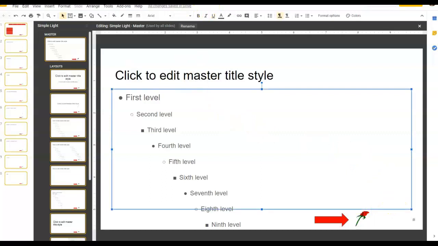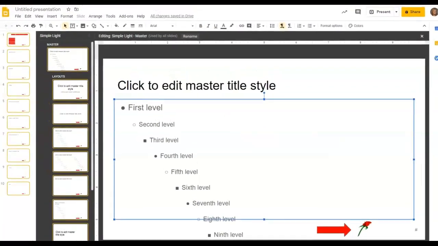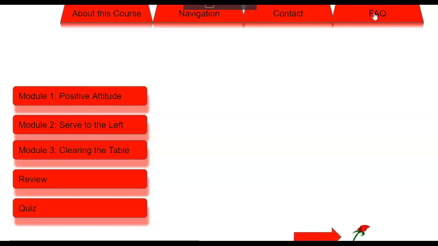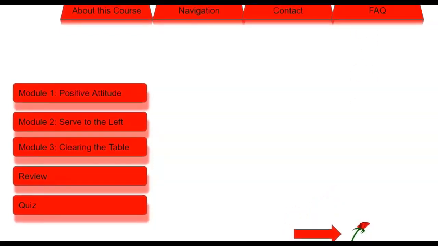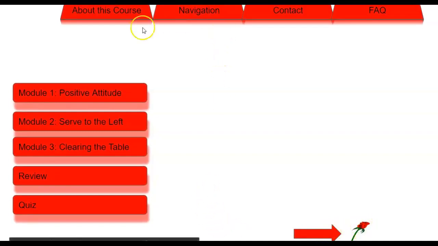Then I'm going to put my presentation into the present mode so that you can see the difference now. And here at the bottom you can see the two tabs that have been added, and across the top the same pages are still existing here.